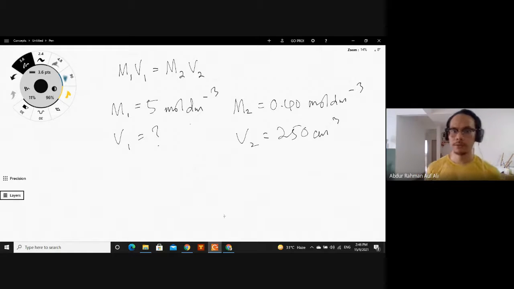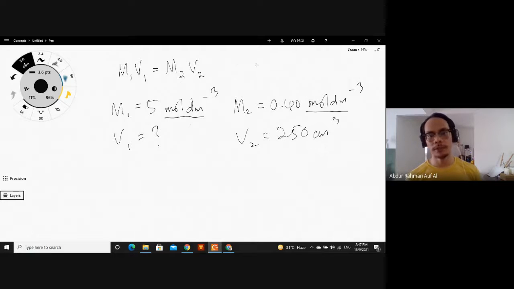Okay, so tadi to answer your question, Bavindra tanya bila masa kita nak convert ataupun tidak. So once again saya repeat kat sini, kamu tengok all the parameters of molarity, concentration and volume. So kalau kamu tengok molarity here, M1 and M2 both of them are in the same unit, mole per dm cubic. Ini pun mole per dm cubic. So no need to do any conversion. Okay?